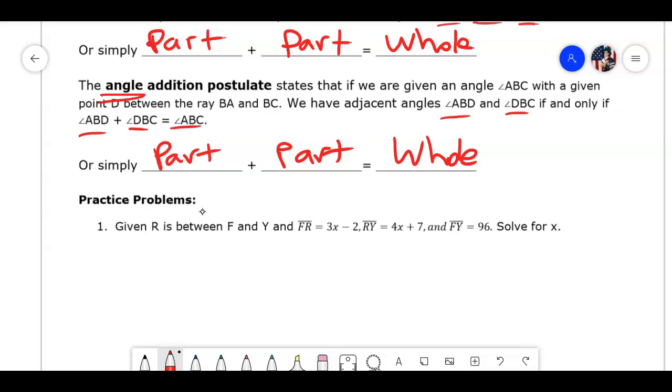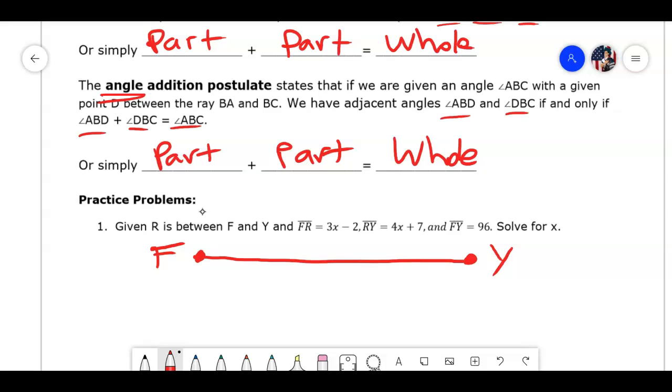On number one, there's no picture. Sometimes you got to draw a picture, right? So it says R is between FY. So everybody, go ahead and draw. Doesn't have to be a perfect line, but go ahead and draw FY. So F's on this side, Y's on this side. And do you notice how it says R is between?